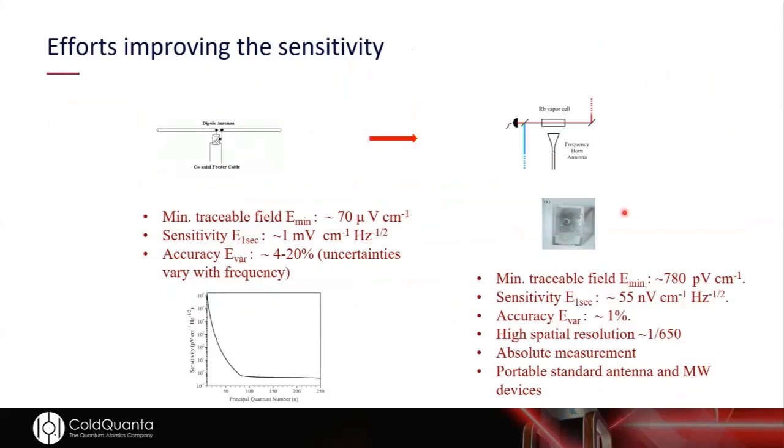But for our vapor cell, as long as you keep these two lenses far away from the vapor cell, and the distance is larger than the wavelength of the microwave, it will barely have any disturbance.